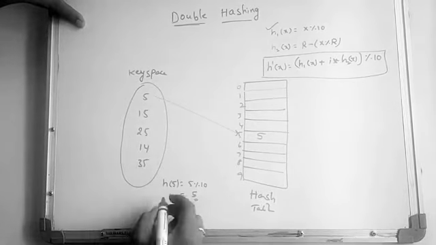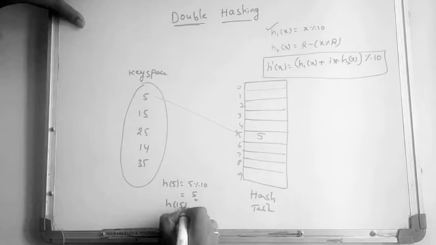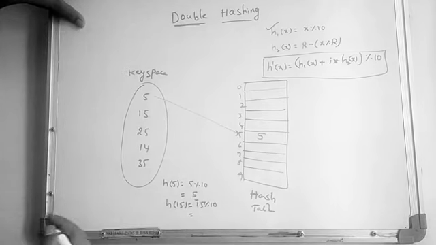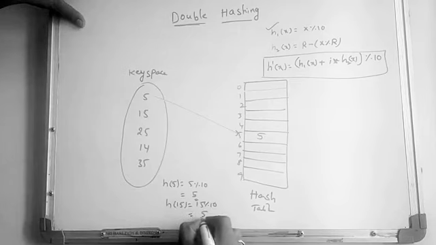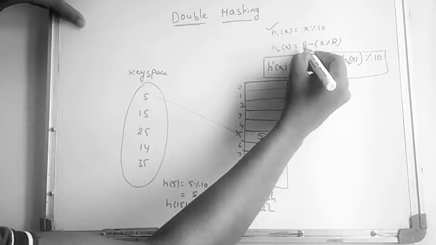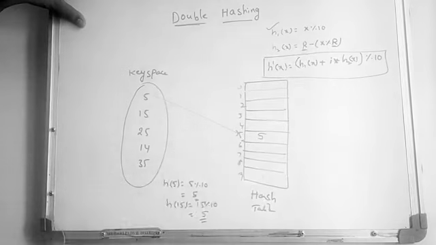Next, h of 15 mod 10, modular division of 10. What is the result? The remainder is again 5, so a collision arises. If a collision arises, then go for this formula. Now one thing you have to find here is r.